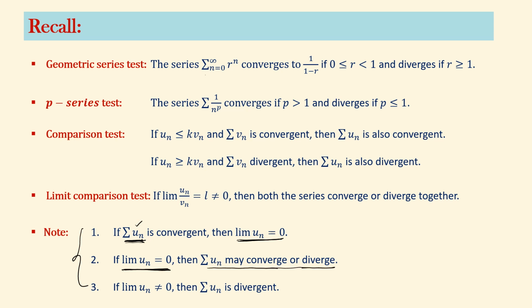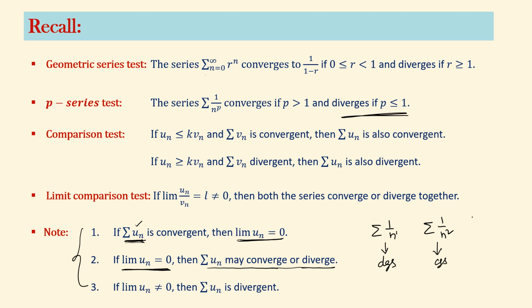For example, consider the series summation 1 by n and summation 1 by n square. We know that by the p series test, here p is equal to 1, so this diverges. And by the p series test, summation 1 by n square converges.